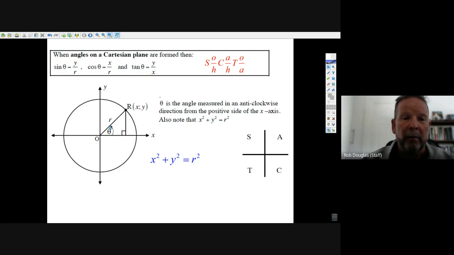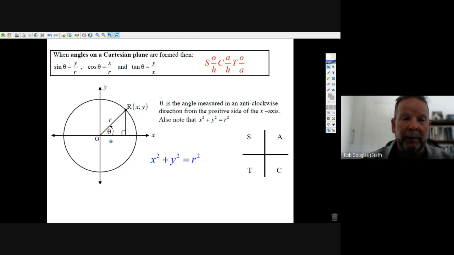And we know that if we make fractions out of the sides of the triangle, we get the different trigonometric functions. The cosine of the angle would be x over r because it's adjacent over hypotenuse. You see, that's adjacent, and that's the hypotenuse.